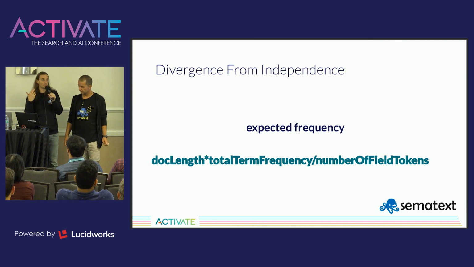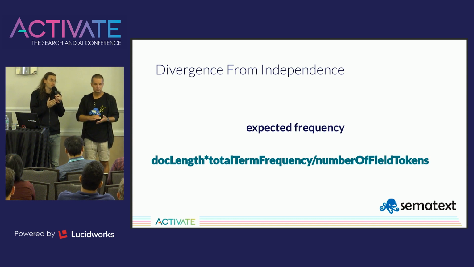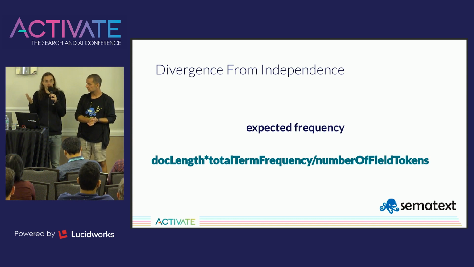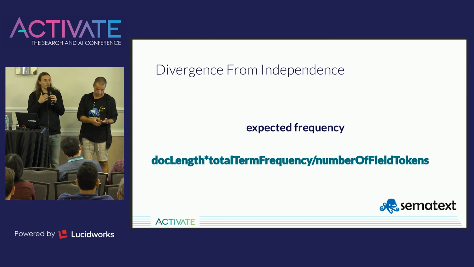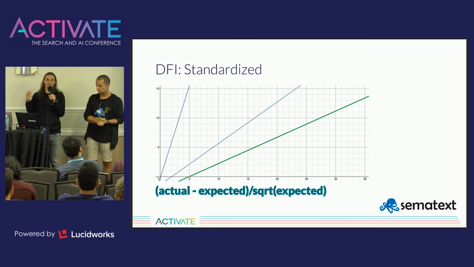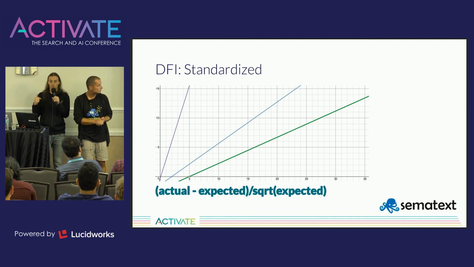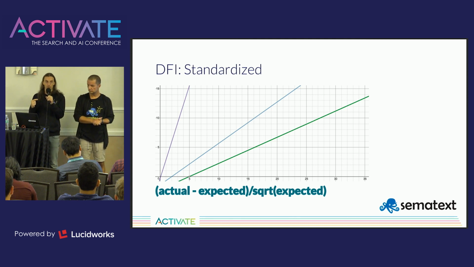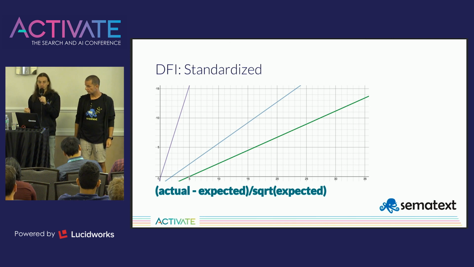So what we will do to generate a score is we will take the actual number of cats in my document and we're going to subtract what we expect. And the further away we diverge, the higher the score. And we have 3 tests to choose from. Here we will show only one of them, the standardized one. So basically take the actual frequency, we subtract the expected frequency, and then we divide by the square root of the expected frequency.